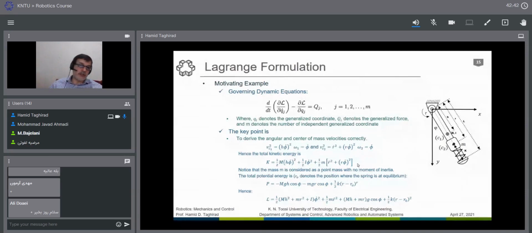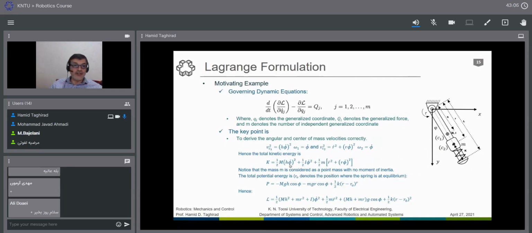Of course, if we would like to be more accurate, we could consider the I here as well. But in this example, we consider a point mass, and the I component is equal to 0.